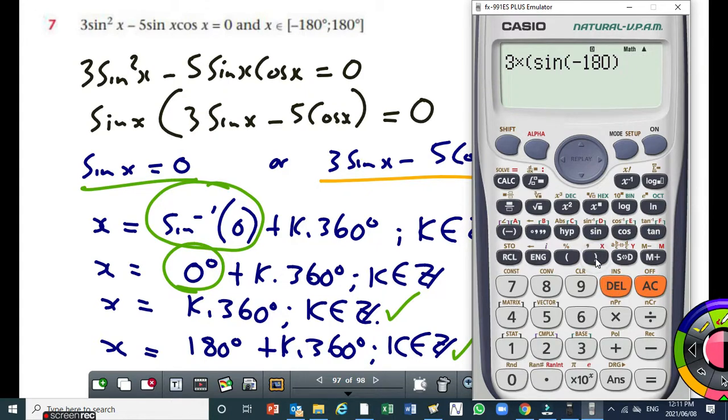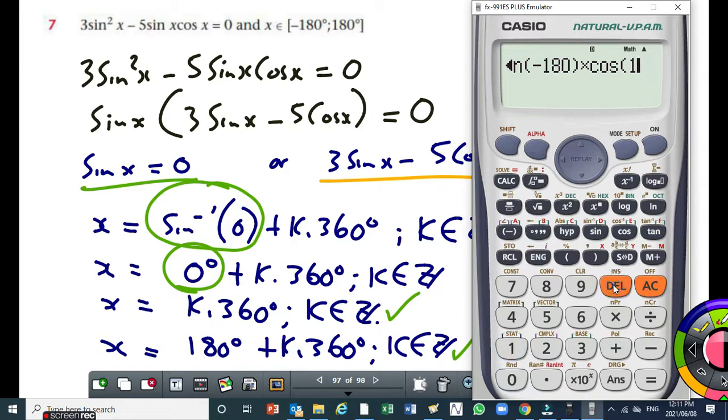Right, close the bracket, close the second time, then square it, minus 5 sine minus 180 degrees. Right, close the bracket, times cos.